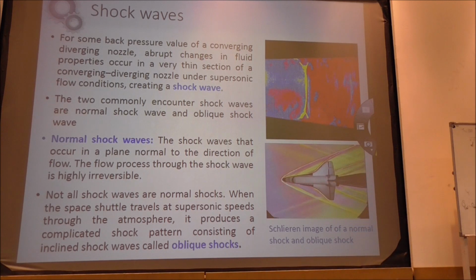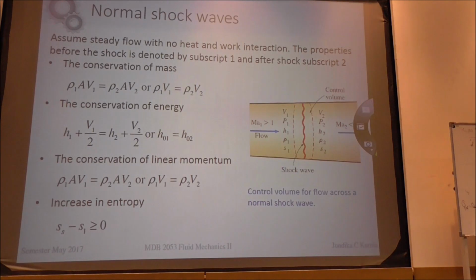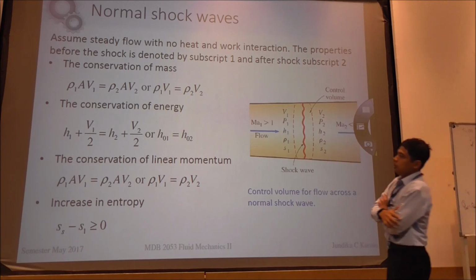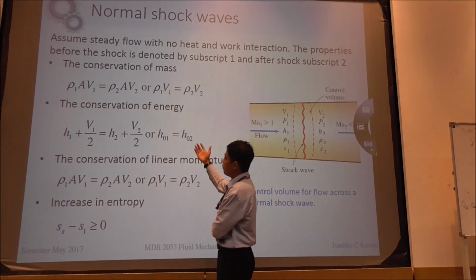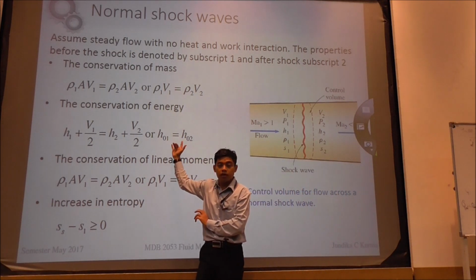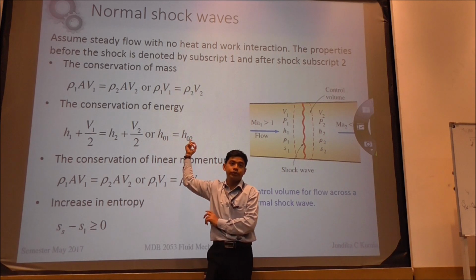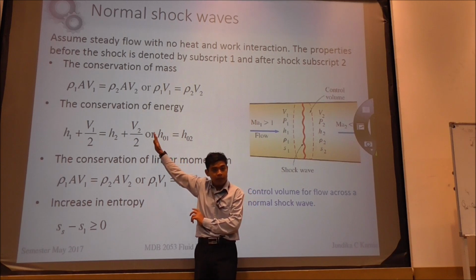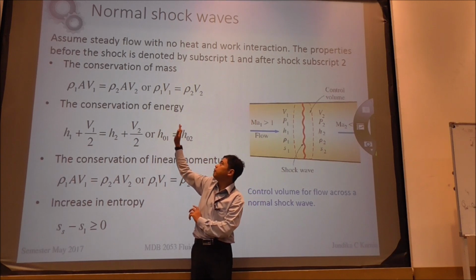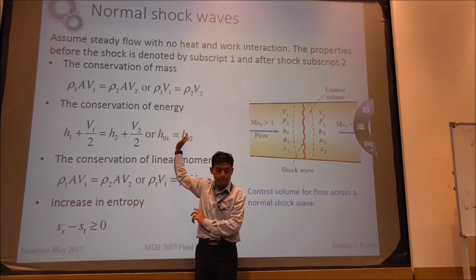Even the normal shock, if you look at the equation that we have, right? Okay, this is some simple story about it. Mass flow rate has to be conserved because you have a conservation of mass. Energy is conserved. That's why you get T naught 1 is equal to T naught 2, because H naught 1, or stagnation enthalpy before the shock wave, and right after the shock wave is the same.